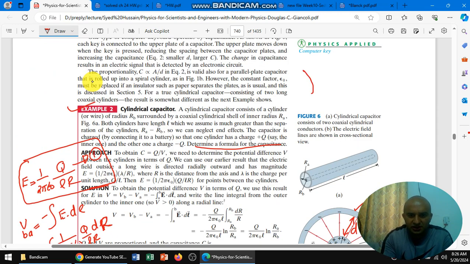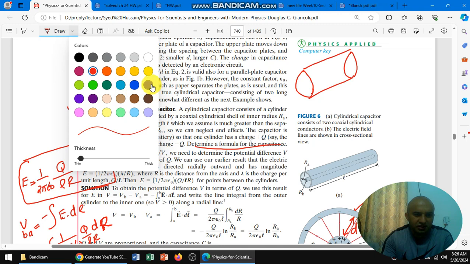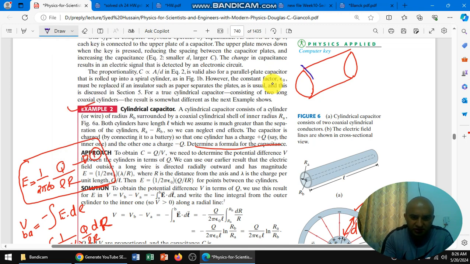For example, if this is RA, the inner radius, and the outer radius is at a very small distance from the inner radius, so the outer radius is also near this one. So we can say there is a very small gap between RA and RB. So RA is approximately equal to RB, and RA minus RB is equal to delta R, which is very small.